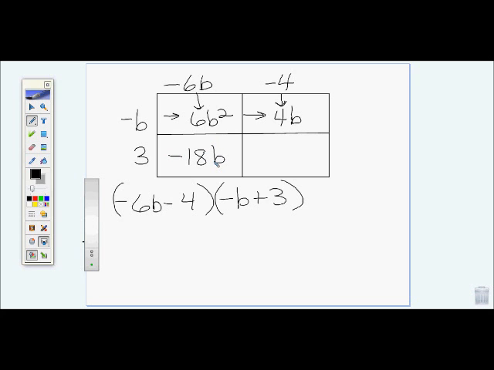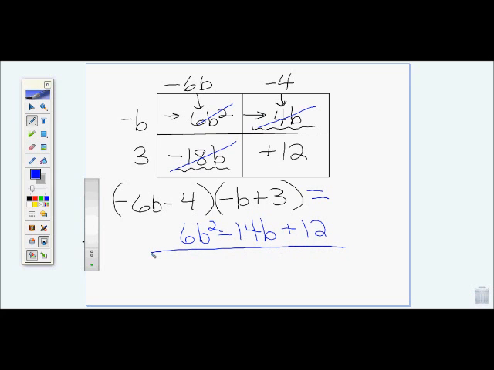And a negative 4 times 3 would give me a negative 12... Again, 4 terms to begin with, and then we have the like terms. The 4b and the negative 18b are like terms. So we'll write our final answer here in order of degrees again. So 6b squared, then I have a positive 4b and a negative 18b. That would give me a negative 14b. And then I have my positive 12. And this would be the simplest form of my final expression.